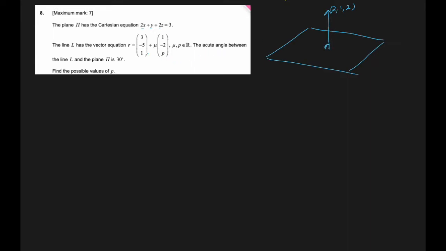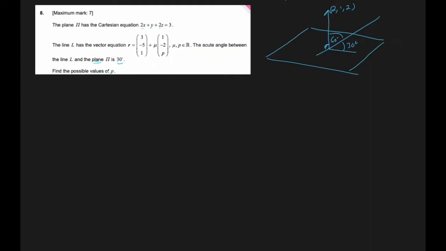The line is making 30 degrees with the plane, not with the normal, right? Line and plane, okay. So let's draw that. This is coming here and this is 30 degrees. That means it is making an angle of 60 degrees with the normal, because the total is 90 degrees. Got it?